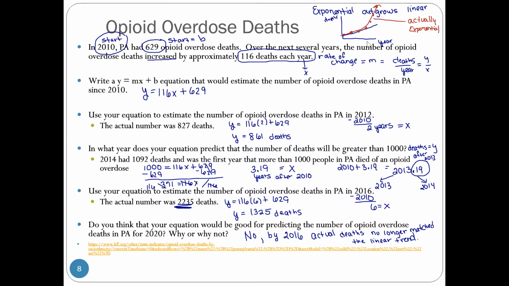When we look at just the beginning, both the exponential curve and the linear curve are very close together. And so here in the first couple years past 2010, we do see a linear trend, but unfortunately, that did not continue. And the reason why we currently have an opioid crisis on our hands is because of the exponential growth, which goes up steeper and steeper.